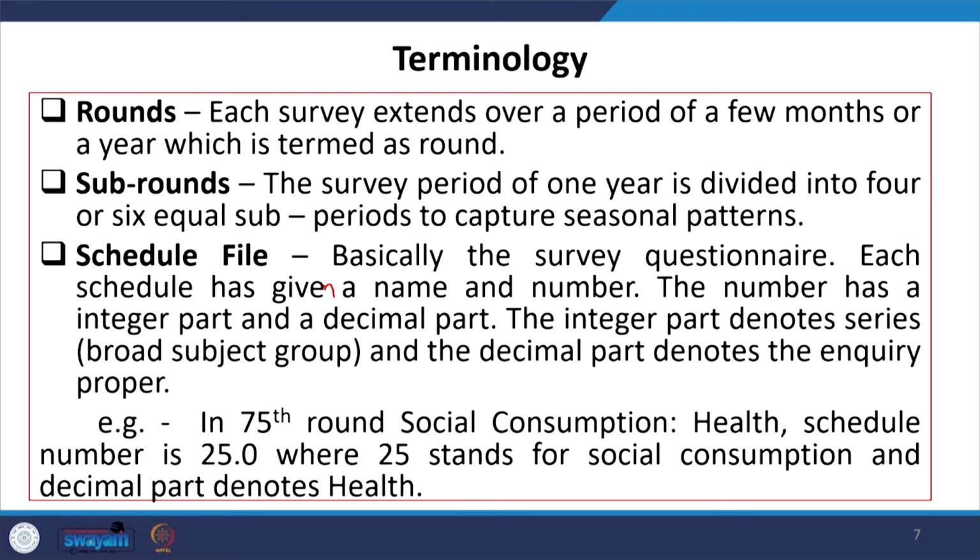For example, in the 75th round, social consumption on health, schedule number 25.0, where 25 stands for social consumption and the decimal part denotes it is health. Okay, 0.0 is health. And in the same 75th round, also 25 after the decimal, you will get another area. So on social consumption, education was also studied.